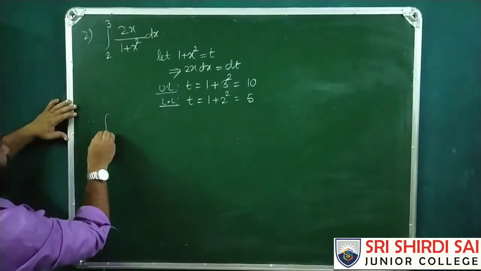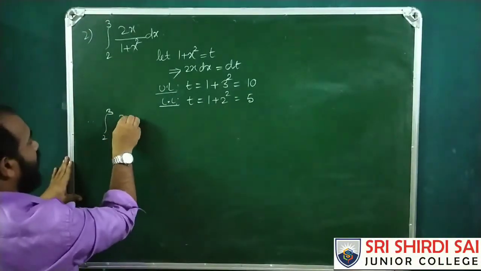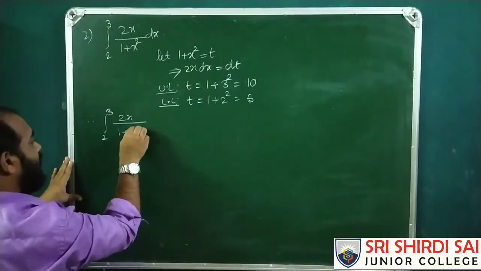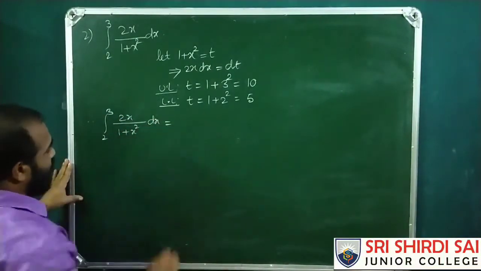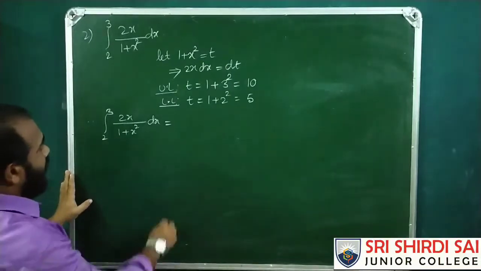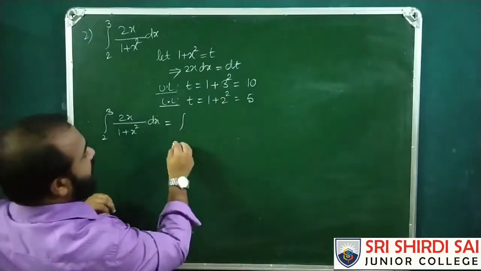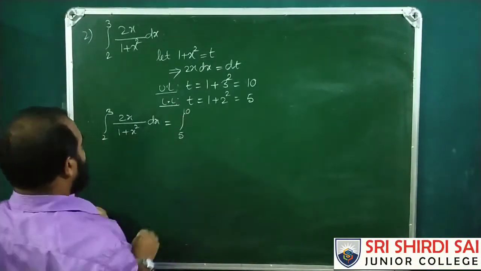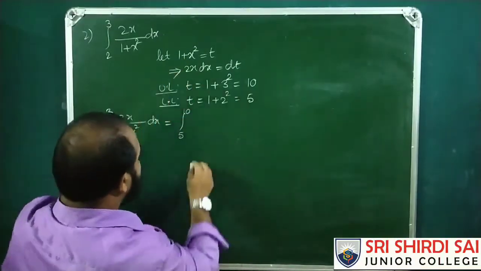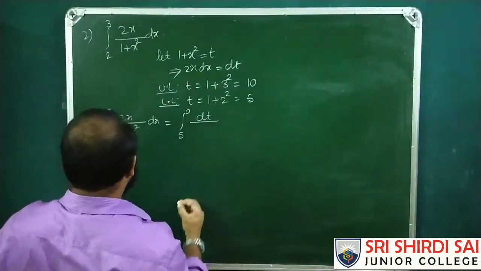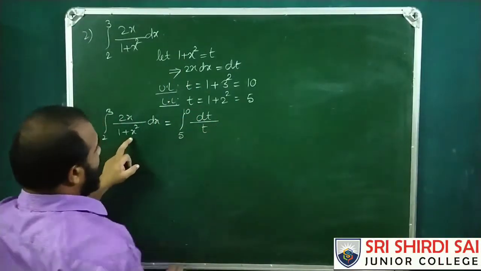Therefore integral 2 to 3, 2x by 1 plus x square dx is equal to, 2 to 3 has been changed to 5 to 10. 2x dx is dt, by 1 plus x square is t.